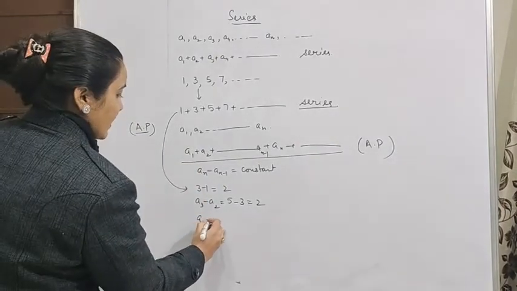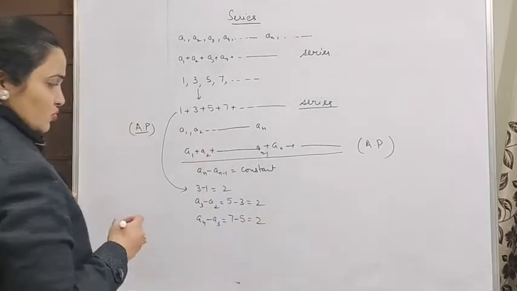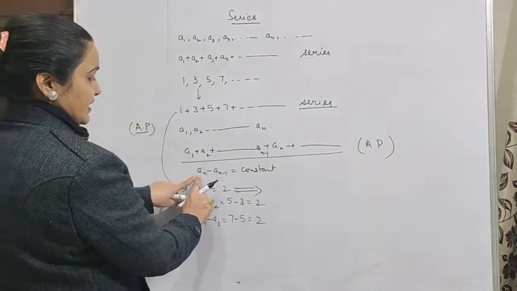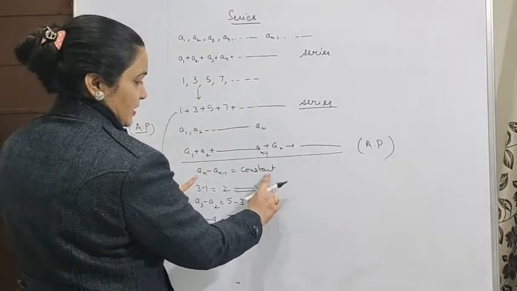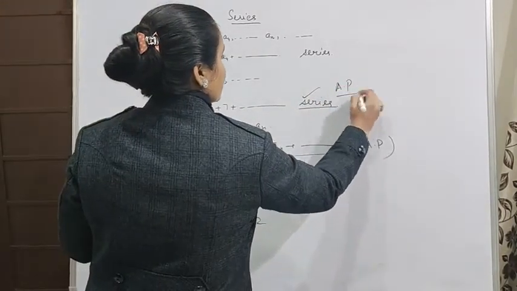A4 minus A3, that is 7 minus 5, is again 2. So the difference of the nth and An minus 1th term remains the same. Then we say that this series is in arithmetic progression.